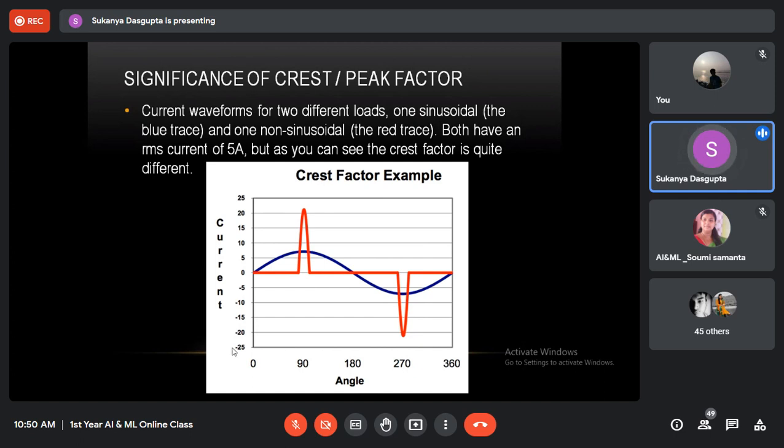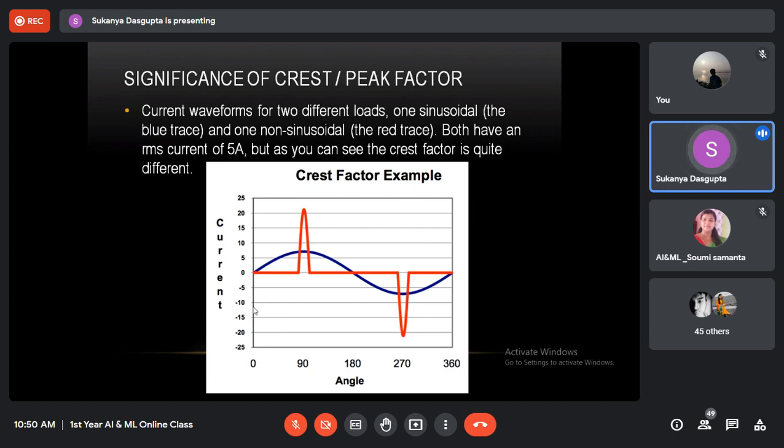The y-axis is showing the current, so it's a current versus time graph. The peak current for the second wave is around 20 ampere, and for the first one marked by blue color, the peak value is around 7.5 ampere. So peak values are different.